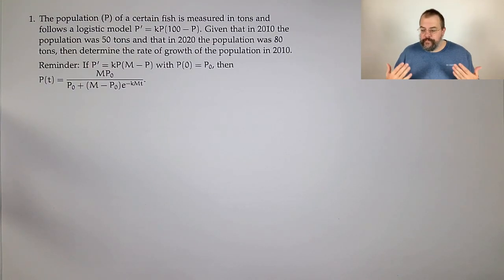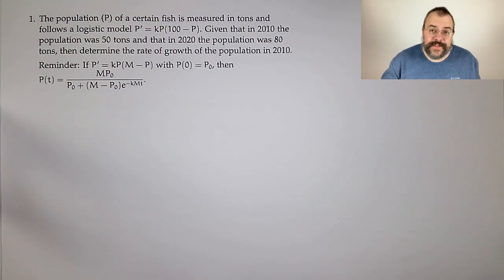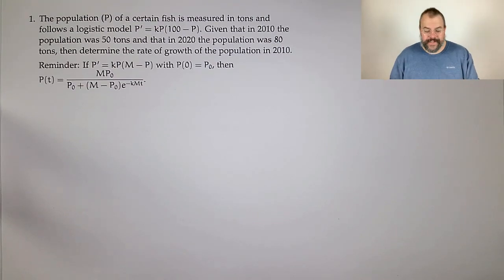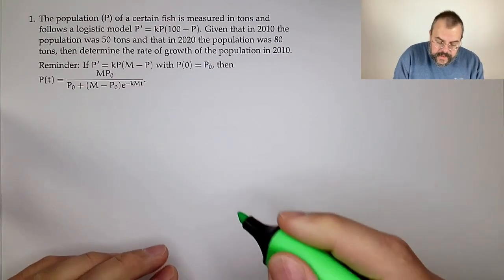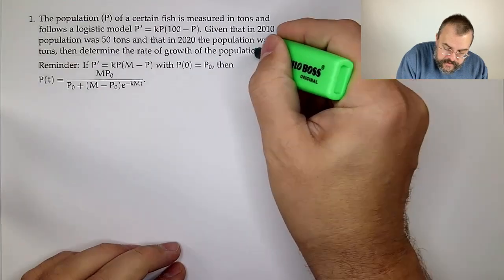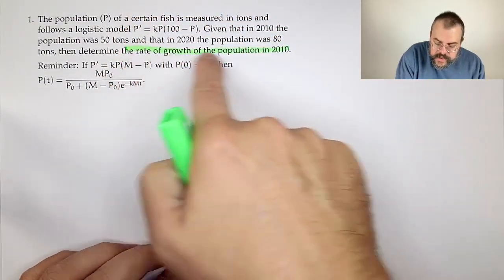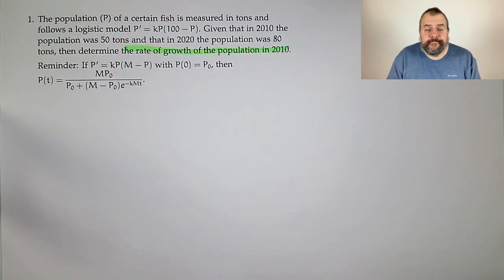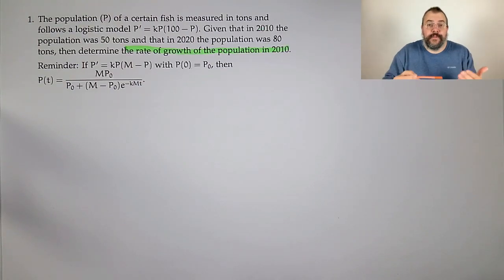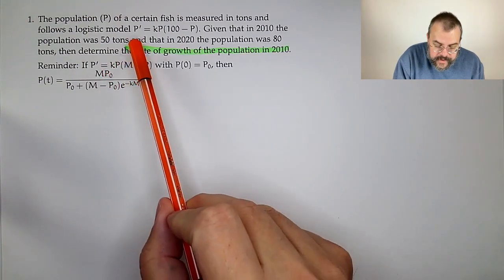All right. So it's always good to identify what it is we're after. We're after the rate of growth of the population in 2010. That's what we need to find. In some sense, that's very straightforward, because the rate of growth is a derivative, and we know our derivative.